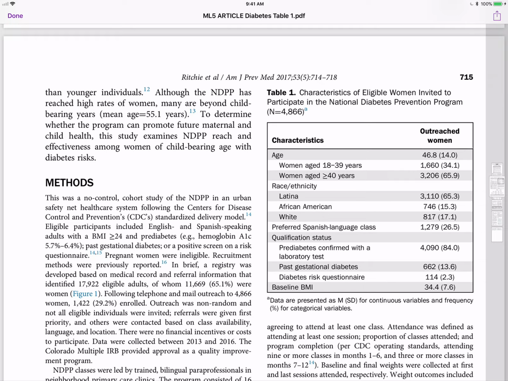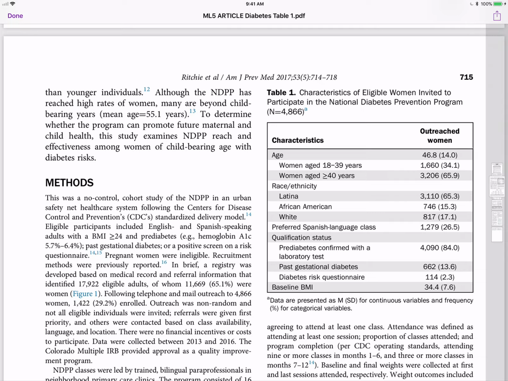The final thing I'd like to point out in this particular table is how many decimal places they've included. For the frequencies, those are just counts, and so they have no decimal places. You would not say women aged 18 to 39 years is 1660.0. You would not include a decimal point. But when they've included the 34.1%, they've gone to the tenths.